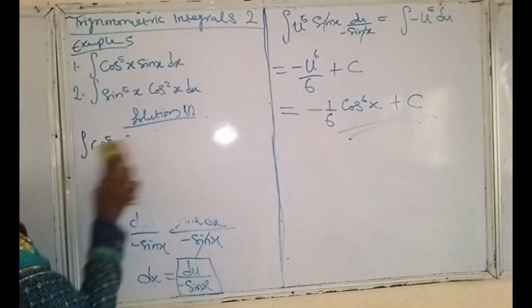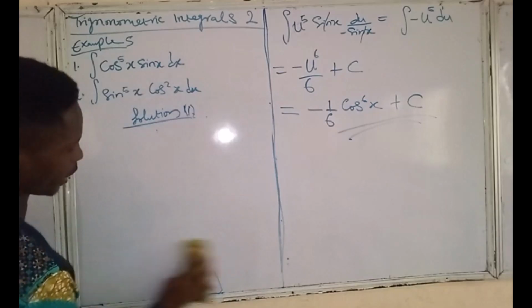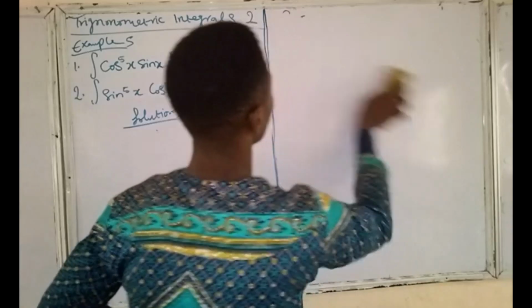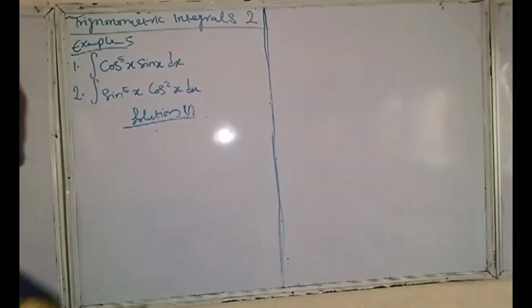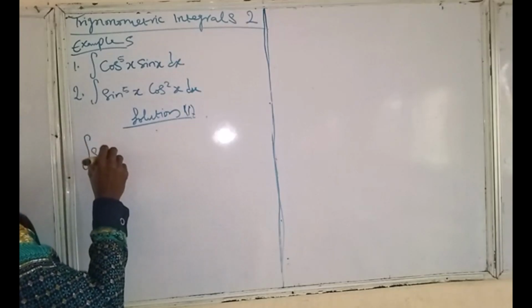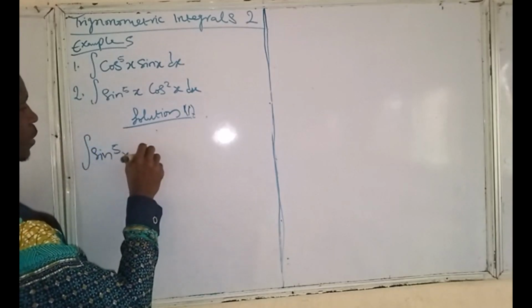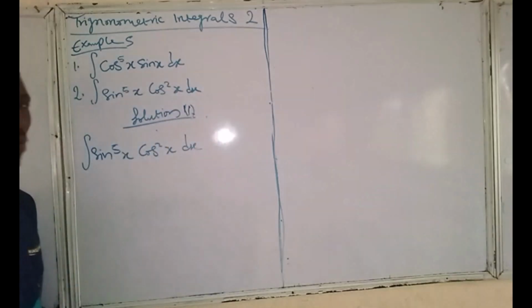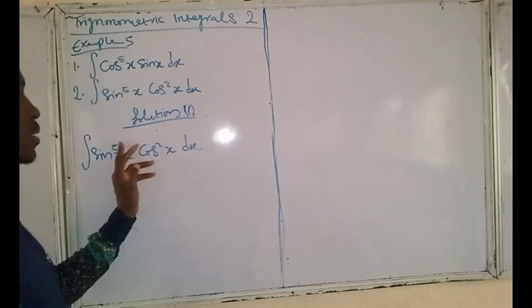So let's solve question 2 quickly. Question 2 is going to be a bit bulky. So we have sin⁵x cos²x dx. So first of all, what we do is to break this down.